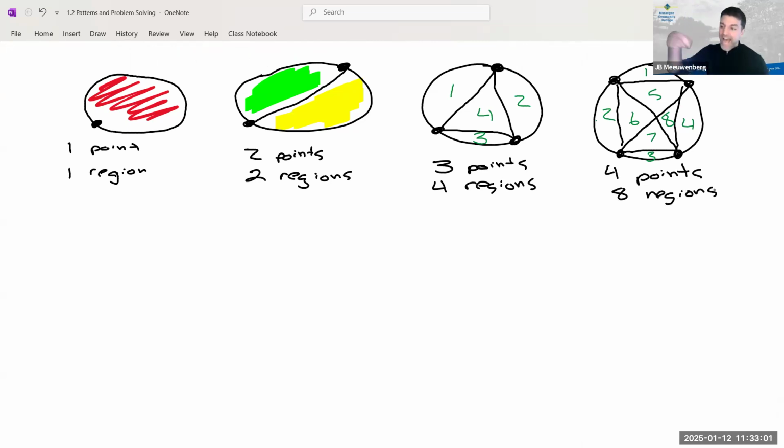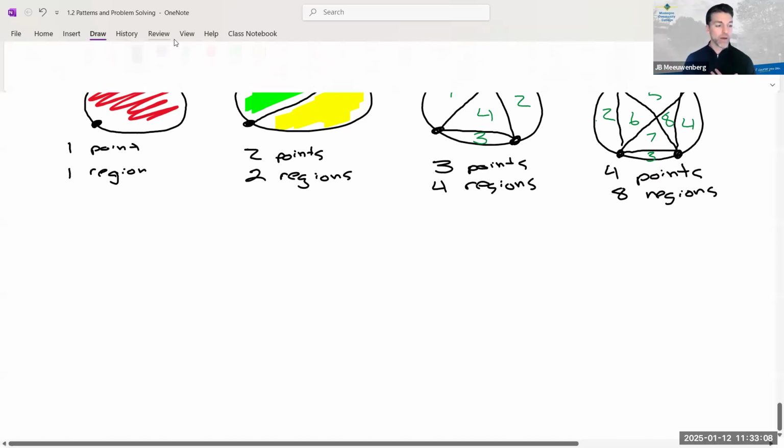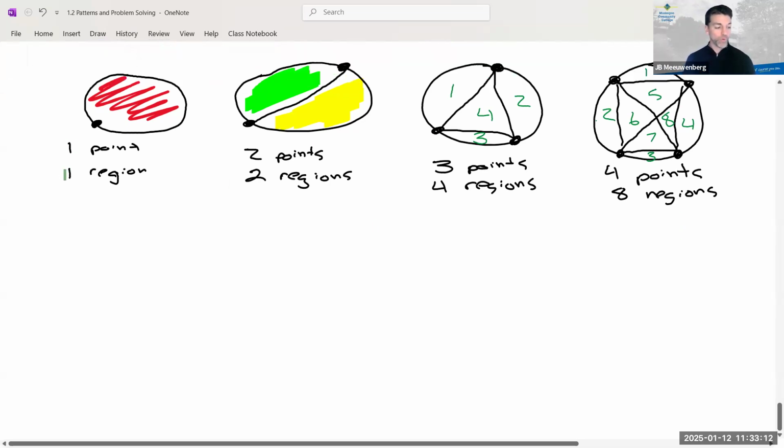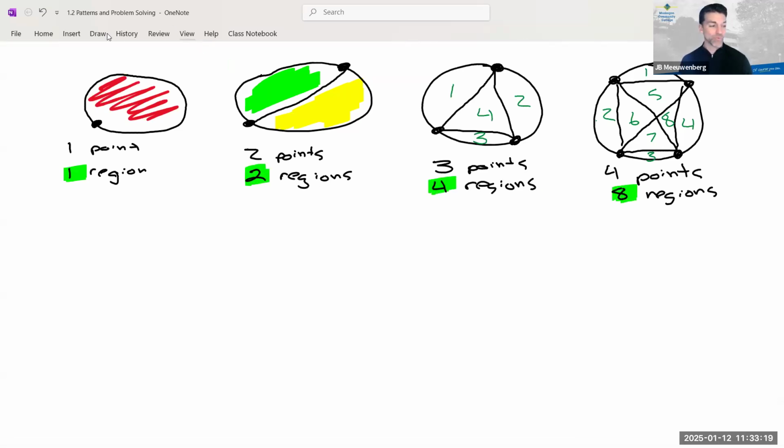Did that hold true to what your prediction was? What are we noticing here about the number of regions as we add a new point? With 1 point, we had 1 region, 2 points, 2 regions, 3 points, 4 regions, 4 points, 8 regions.